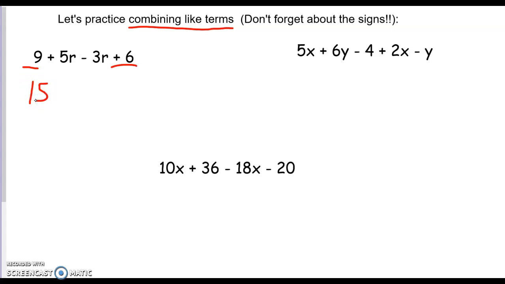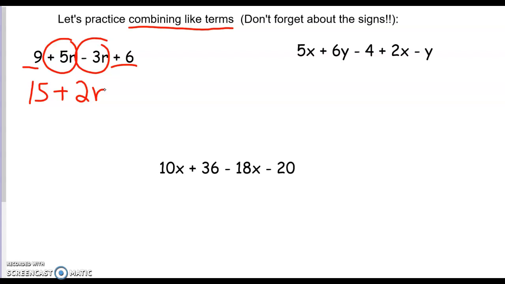And then I have 2 terms that have a variable of r, plus 5r and minus 3r. Plus 5 minus 3 leaves me with 2r. That's as far as we can go because those are not like terms. Don't try to add these 2 together, okay?